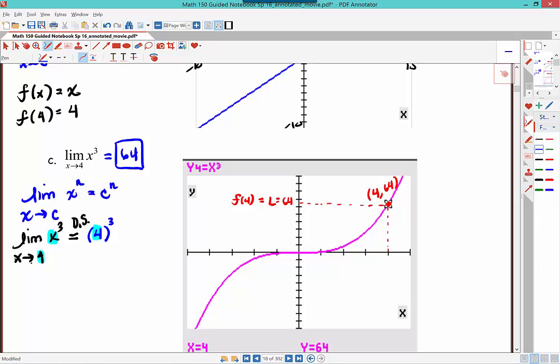We got the fact that the limit as x approaches 4 of x cubed is equal to 64. 64 is a perfectly lovely number, no problems with it, so you're all done. So this is a result of direct substitution. And the cool thing is you already know how to do that. You've been evaluating functions at specific x values forever, right? It looks a little different at first, but you're used to doing this. You can do it, all right?